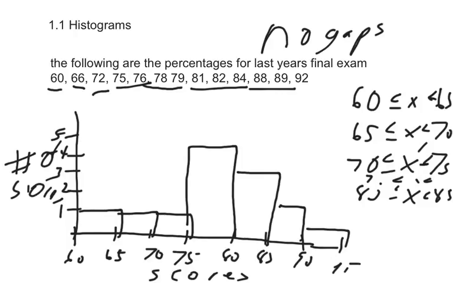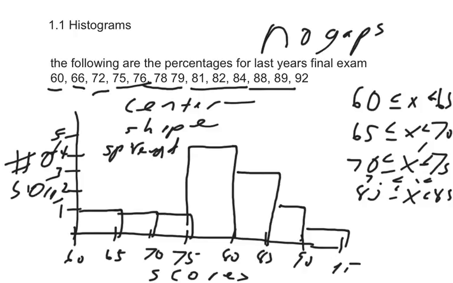Alright, we'll talk about a few things before we go on to another example, because whenever we're talking about a distribution, and this is what we have, a distribution, we need 3 things. We need to figure out what the center, the shape, and the spread. Now here, if I took a look here, the center is somewhere around here.